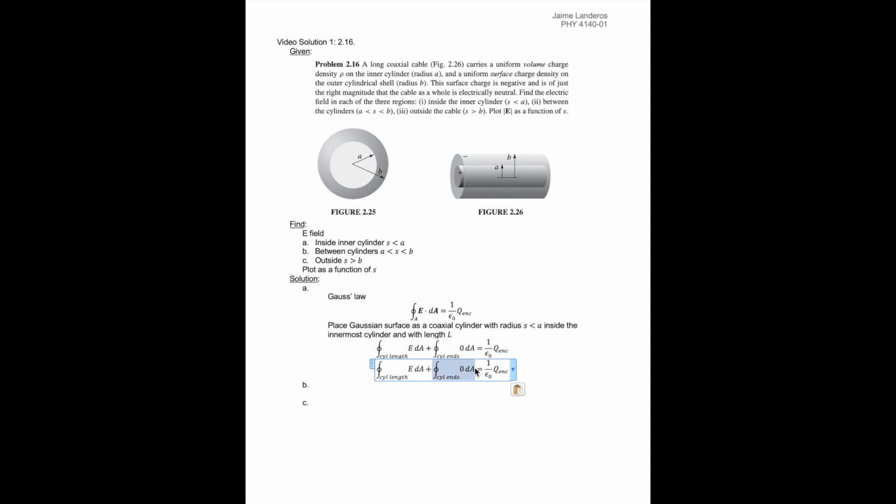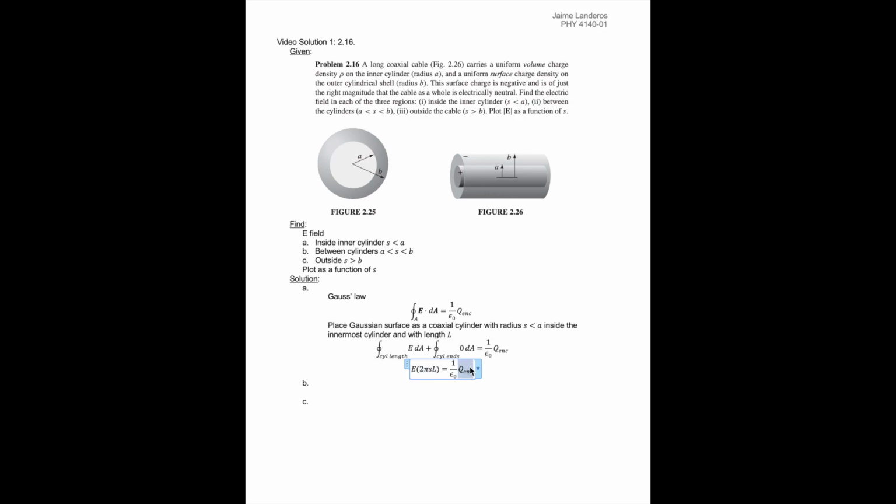So we have 0 contribution from the ends, and from the cylinder length, this electric field is constant all the way around. So we're going to factor it out of the integral and then just integrate over the cylinder length. That gives us an area of 2 pi SL, which is the circumference times the length, right?